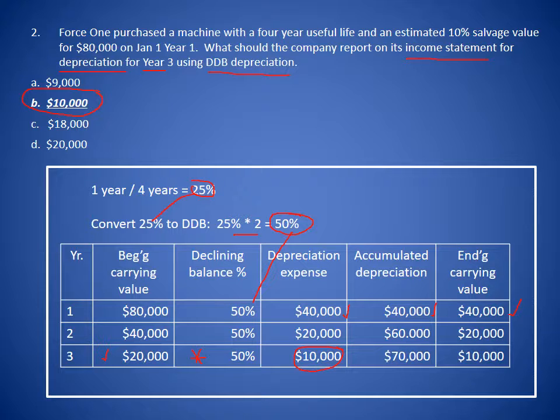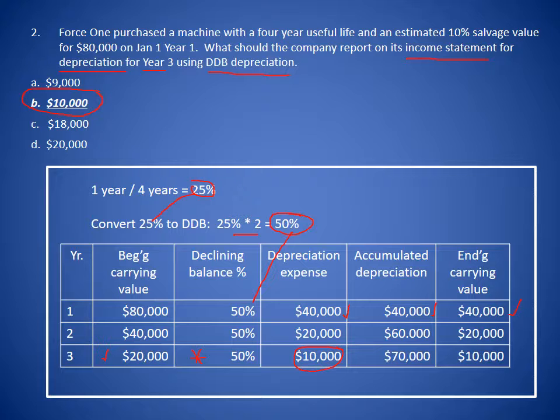Now you do have to be careful with the way sometimes these questions are worded. Instead of asking what the company should report on its income statement for depreciation for year 3, it may ask, for example, what should the company report on its balance sheet for its ending carrying value at the end of, let's say, year 2?